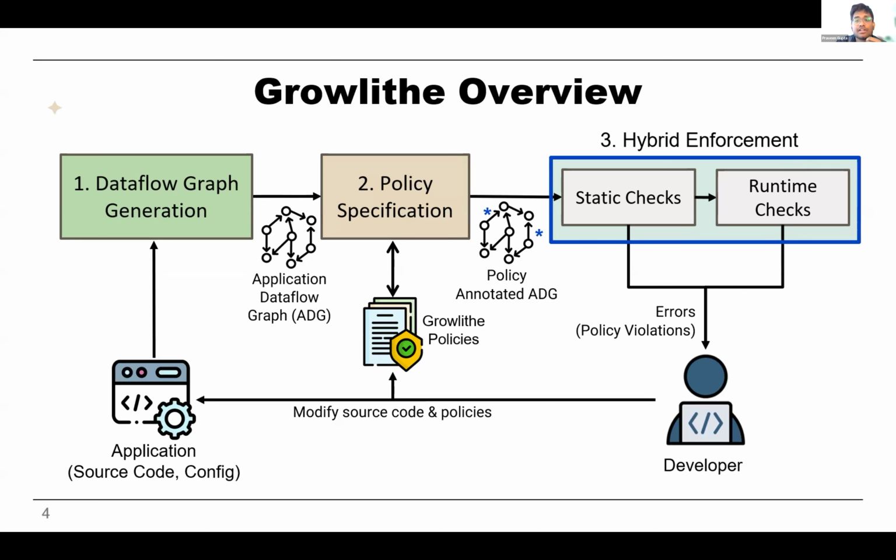Then, during runtime checks, Growlithe generates an updated application by automatically instrumenting the source code with inline assertions if the policy depends on dynamic data. Note that this approach for runtime checks ensures that we do not need any change in the underlying infrastructure. This hybrid approach reduces the number of policies to be checked at runtime and allows enforcing policies that require dynamic runtime data, and thus it improves coverage as well.